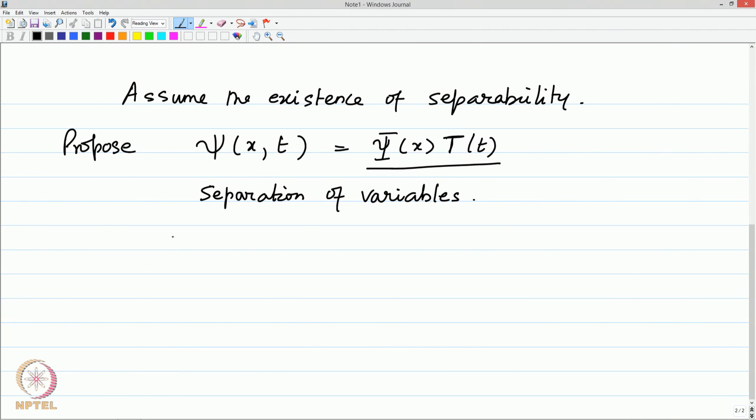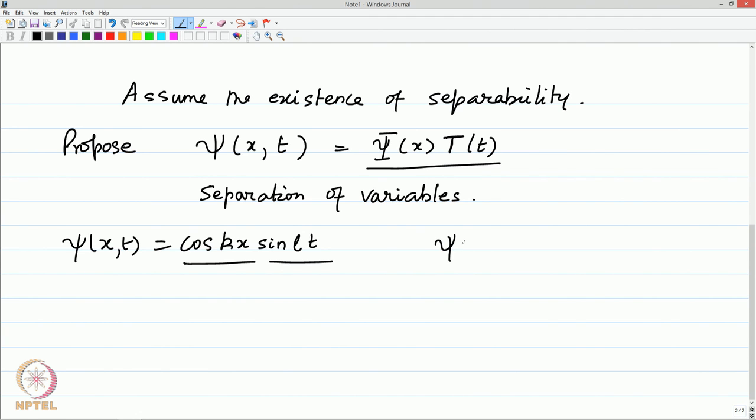For example, if we have a function cosine kx and sine Lt, then the capital psi of x is the cosine kx, and the capital T of t is the sine Lt. The variables are separated.